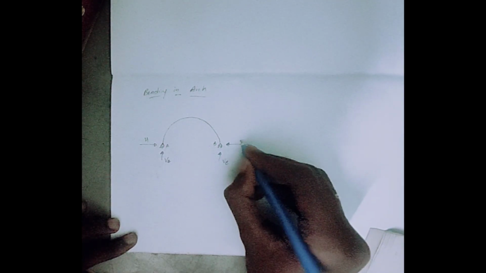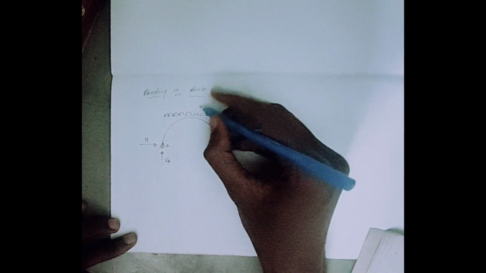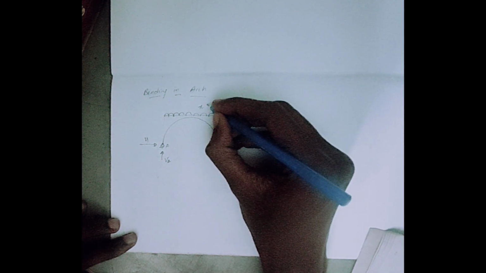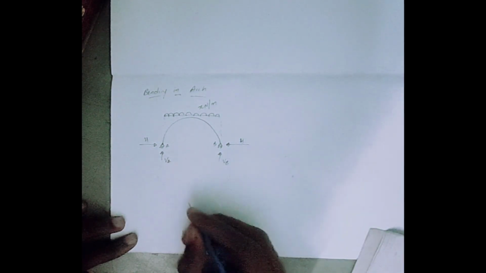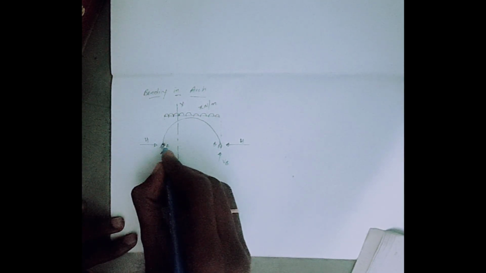These are horizontal forces which are equal, and let this be subjected to a UDL of W Newtons per meter. If you consider a section somewhere here, let this be section XX. So this distance will be x and this distance will be y.